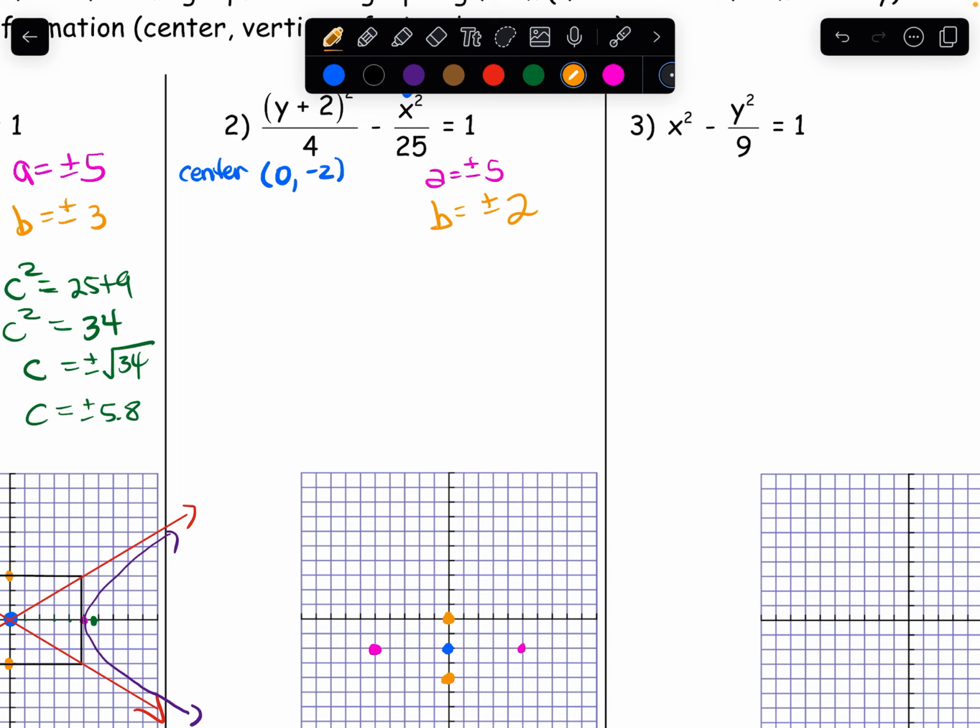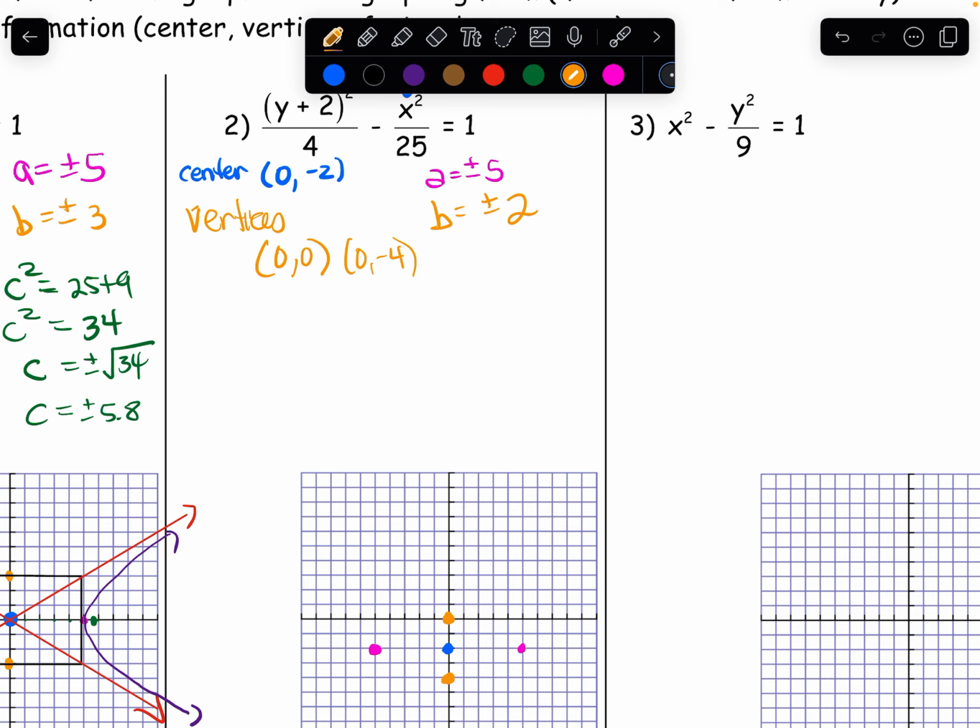Okay, so again, on this one, my vertices are going to be the b because the y came first. So they're at the points 0, 0, and the point 0, negative 4. Okay, so again, I could have found that.